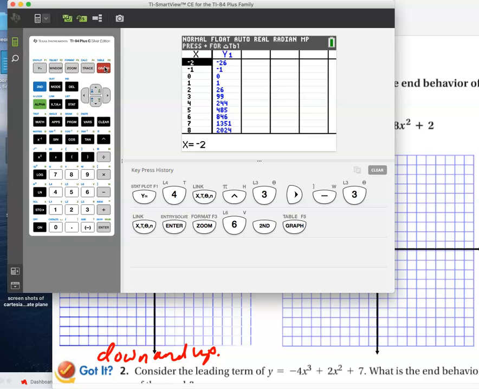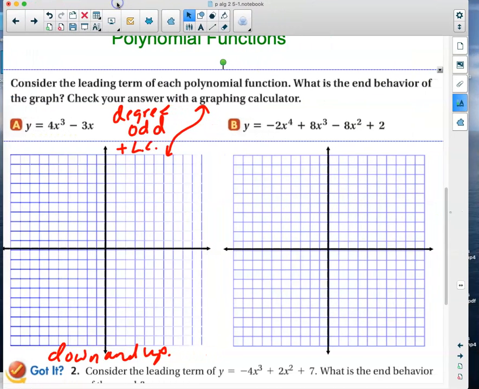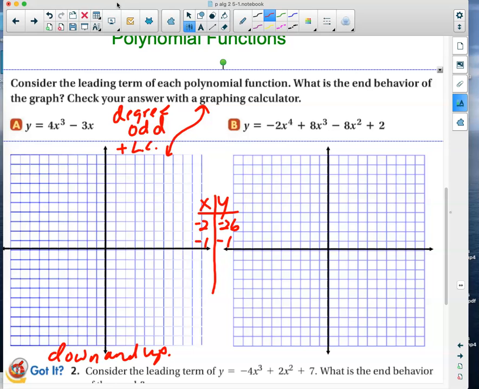Negative 1, negative 1, 0, 0, 1, 1, and 2, 26. We'll write those down.